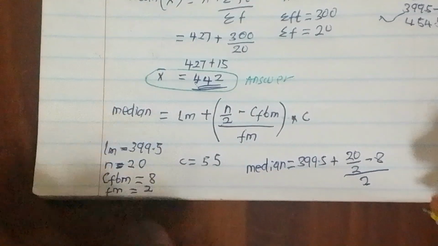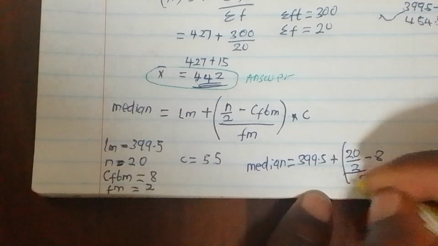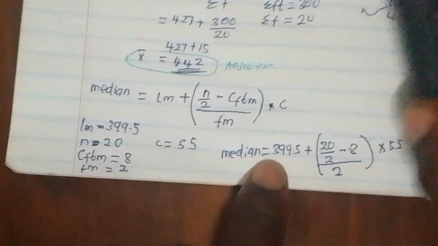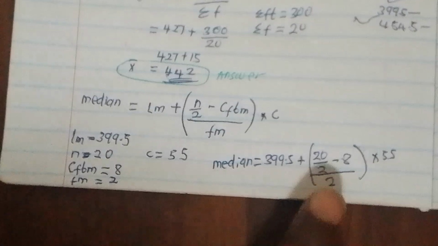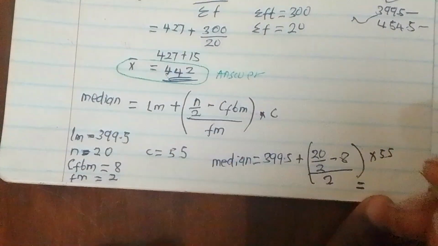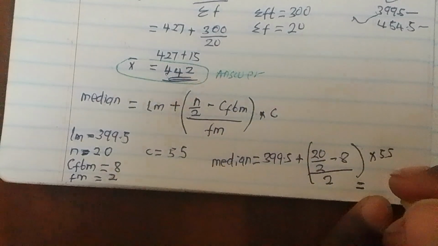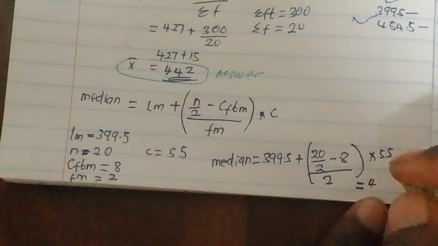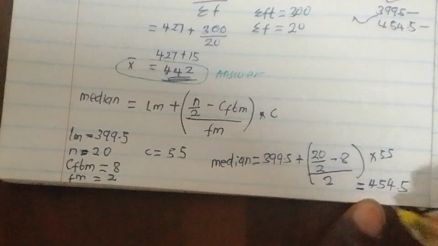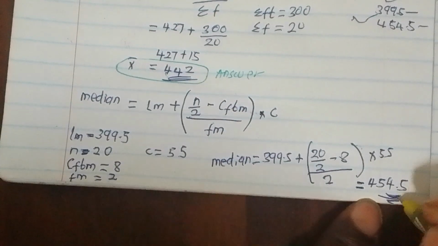I hope you are following, which is 2, and close the bracket, times 55. When we put them in a calculator, we'll get our answer as 454.5. So this is our answer when you type in your calculator.